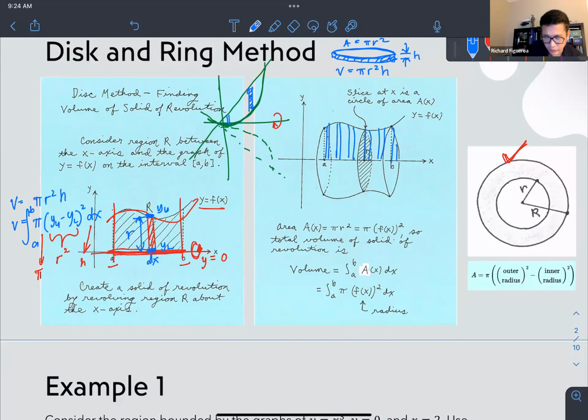But when it gets here, if I move the strip, it does not touch the x-axis. That means there are empty spaces, and that would represent the hole, the ring or the washer. So when we draw the figure, this is the mirror of the strip, and this would be the hole.